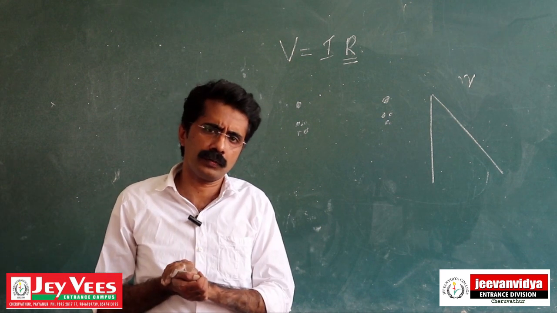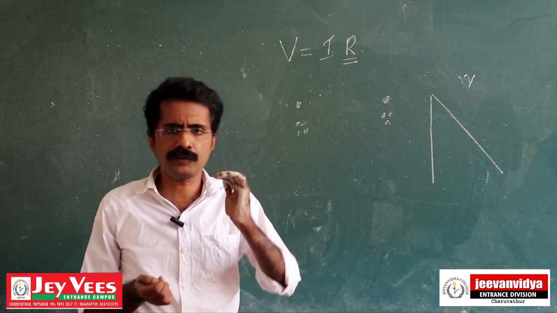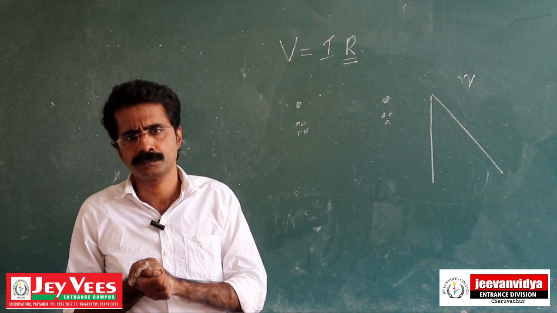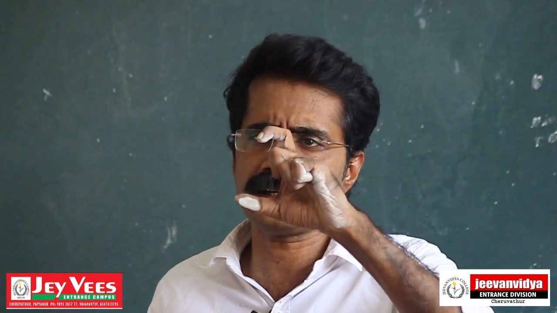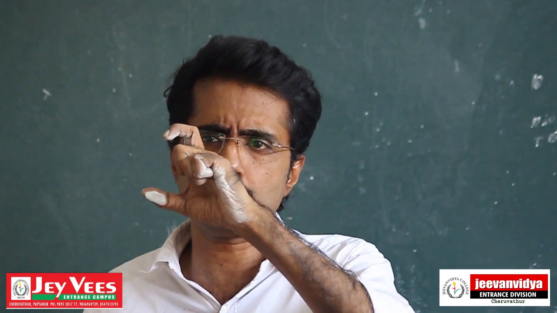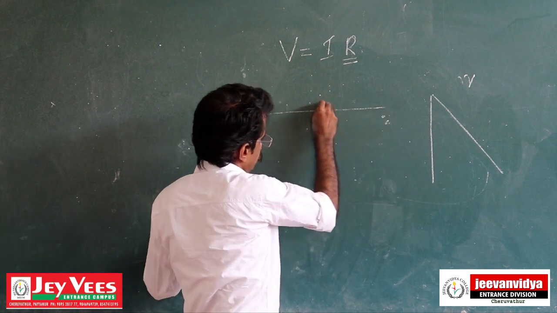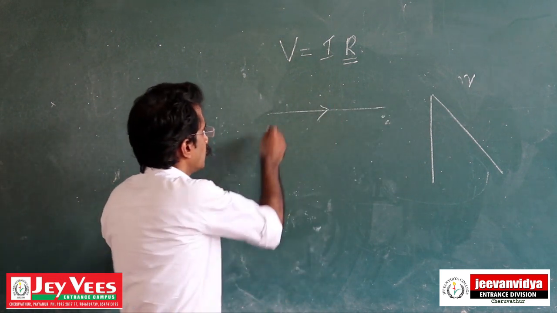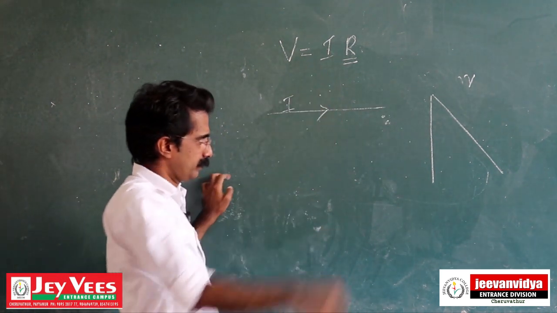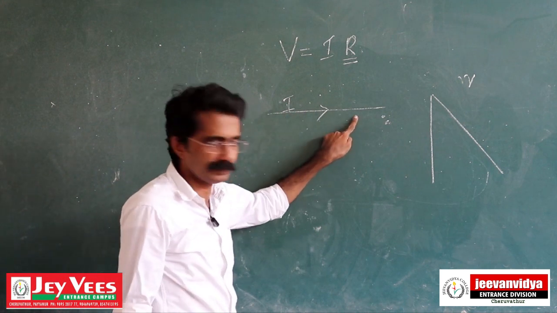State Ohm's law. At a constant temperature, the current flowing through a conductor is directly proportional to the potential difference between its ends. Suppose there is a conductor. I is the current flowing through the conductor. Okay.